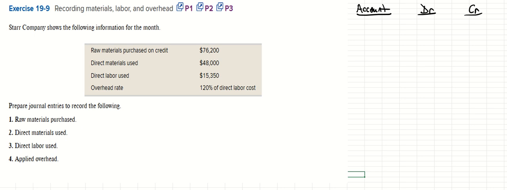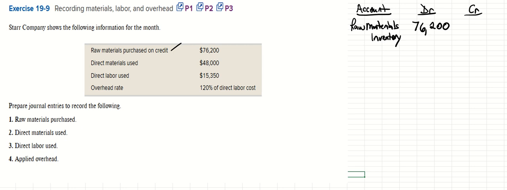Okay. So for number 1, it says prepare the journal entries to record raw materials purchased. So it lets us know that the raw materials here was purchased on credit for $76,200. So since raw materials was acquired on credit, we're going to go ahead and debit raw materials inventory for $76,200.